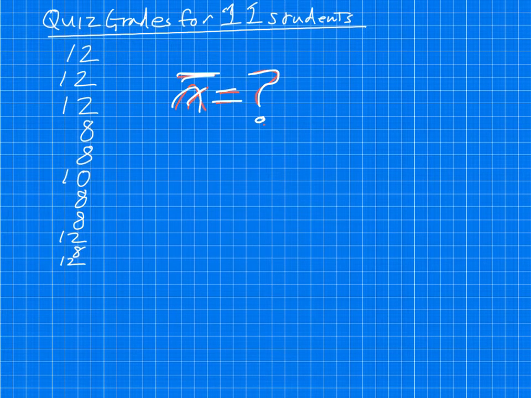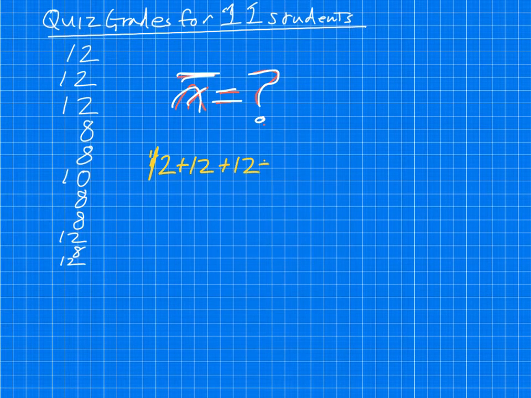Okay, well, let's take a look. The first thing we would do is we would add up our scores. So I'm going to add 12 plus 12 plus 12.